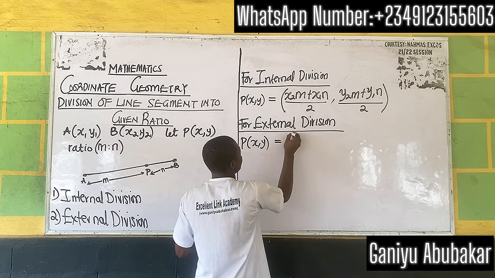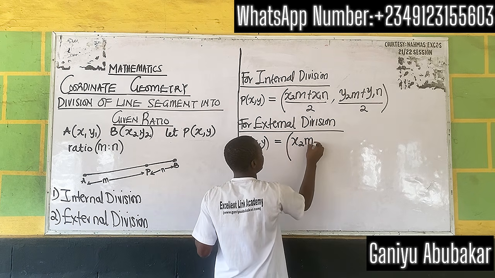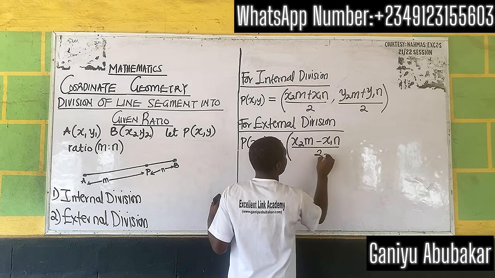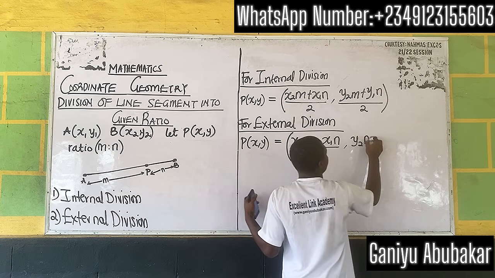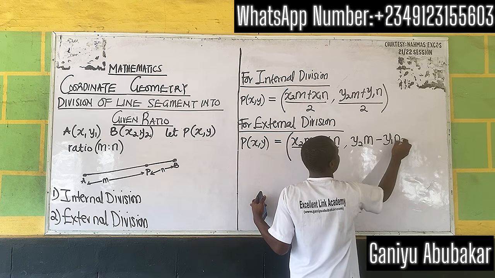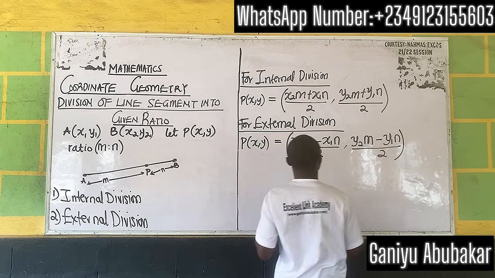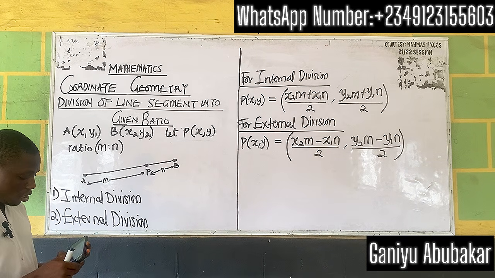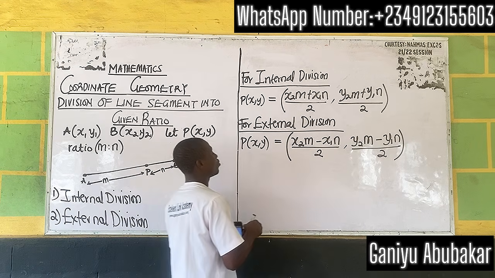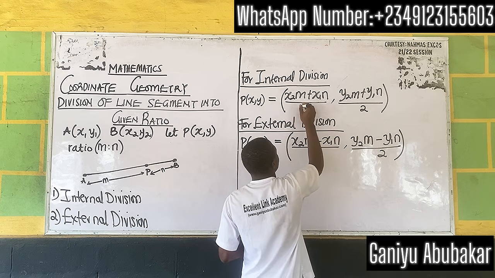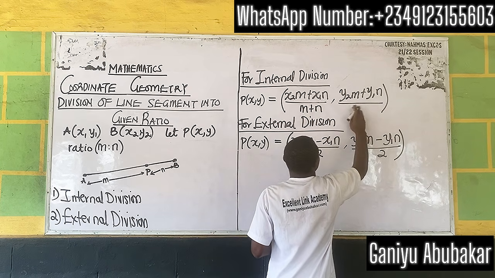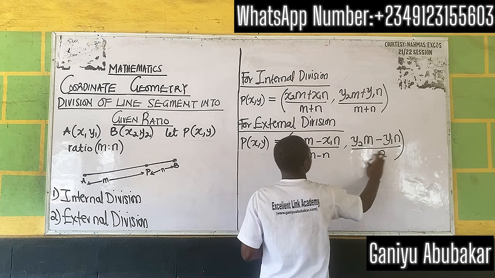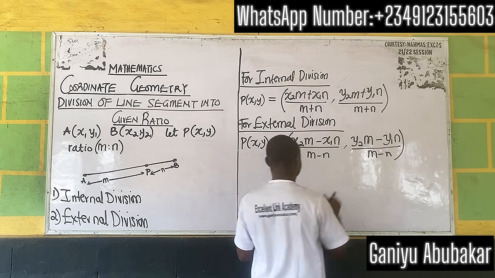So this is now equal to the same thing: ((x2m - x1n)/(m-n), (y2m - y1n)/(m-n)). Here the denominator is m plus n, for internal, and here it will be m minus n, for external.